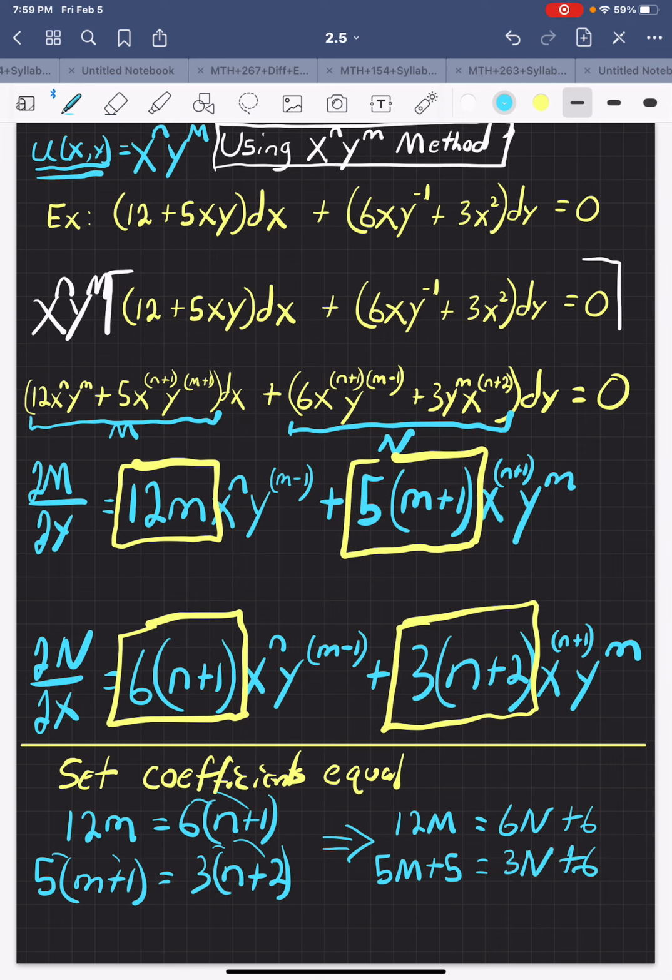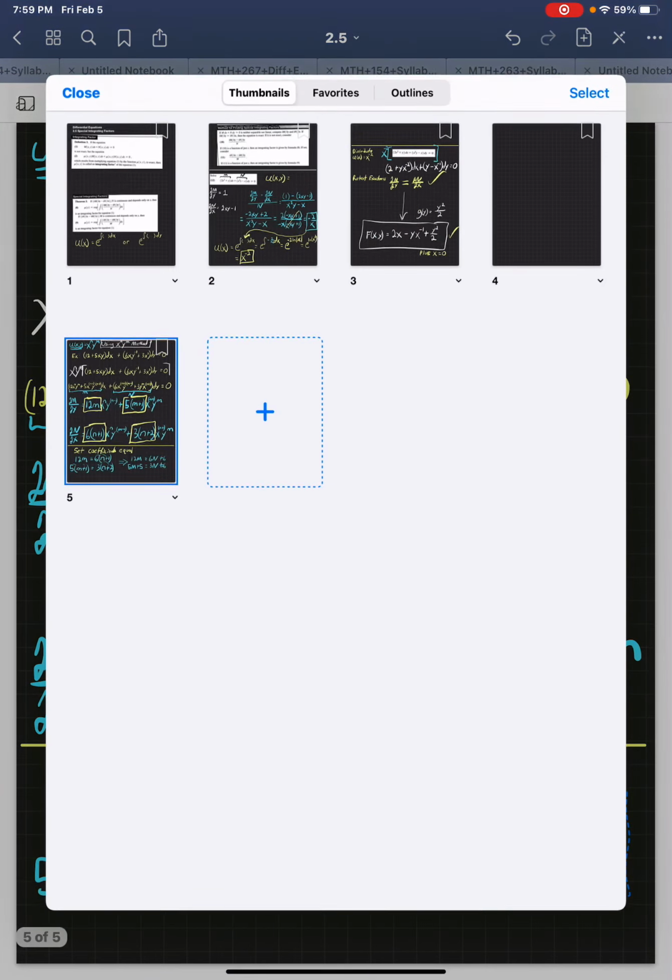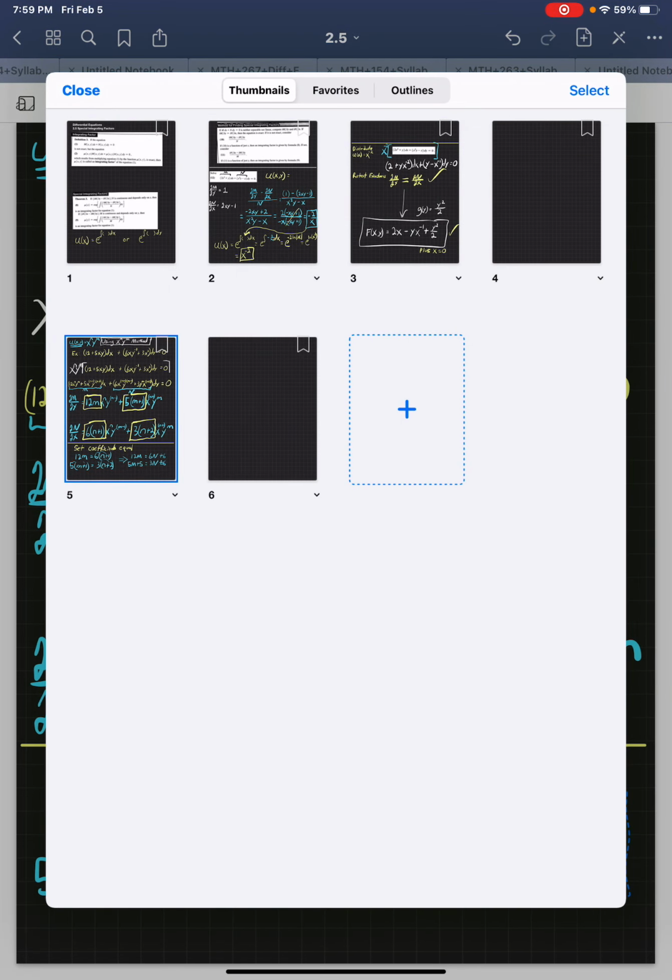All right, so we've run out of space, so let's grab this and let's go ahead and go to our next page.